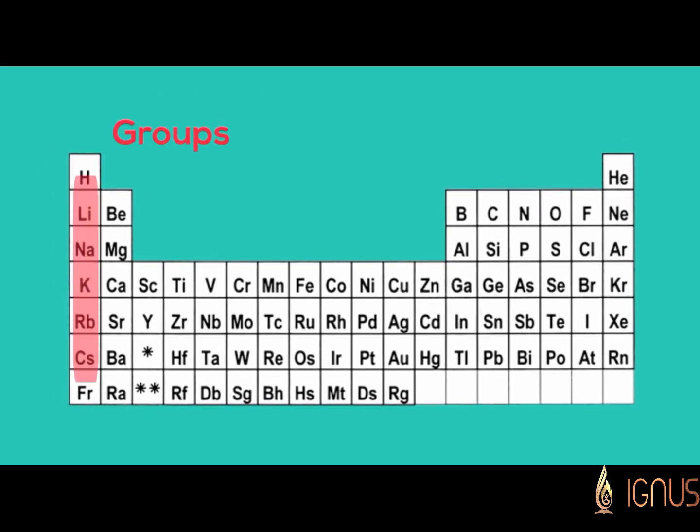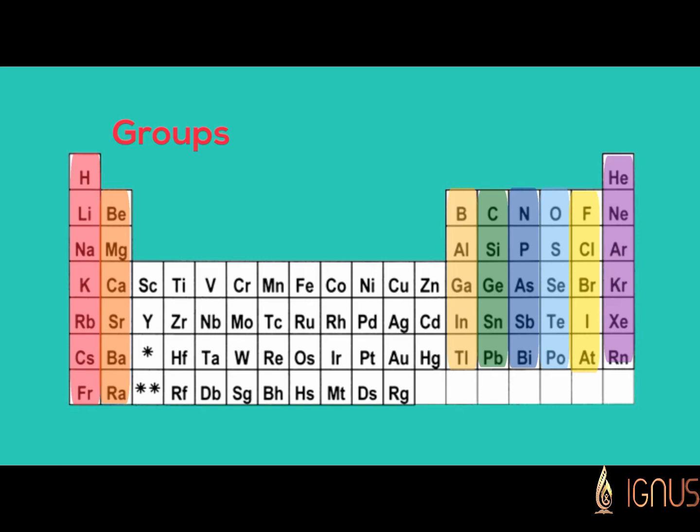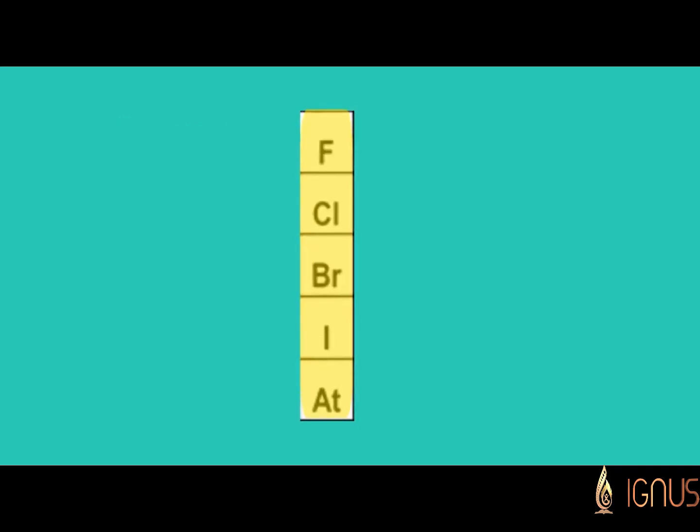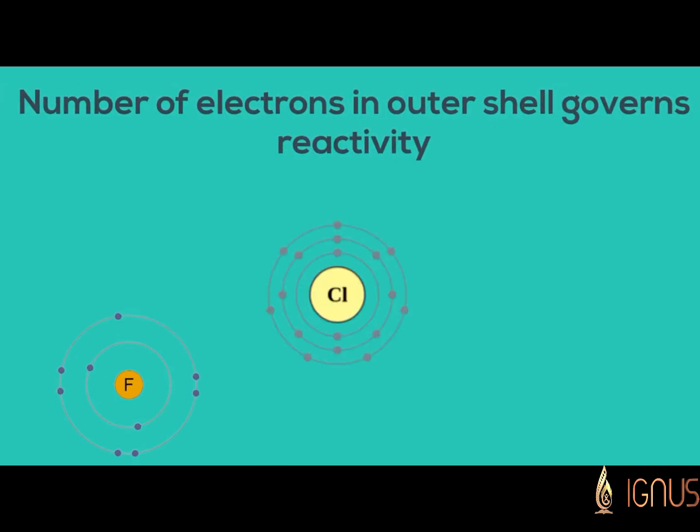The columns are named groups. Elements in the same group have the same number of electrons in their valence shell, that is the last shell, and these have similar properties. The group number depends on how many valence electrons are present.